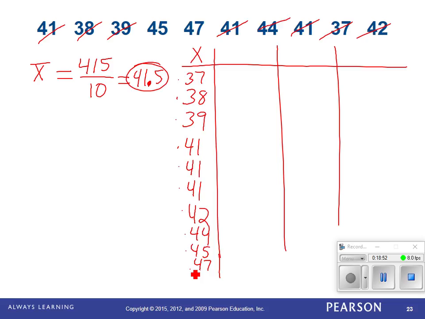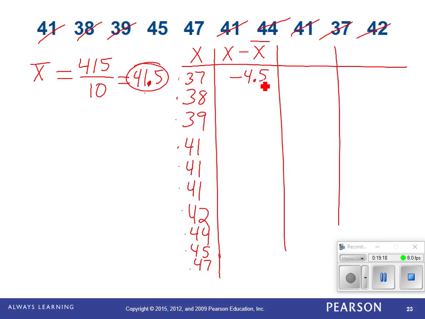Our next step then is to do x minus x bar. So for each one of these, you're going to take this number and subtract the mean, the x bar. If you grab your calculator and do 37 minus 41.5, we get negative 4.5.